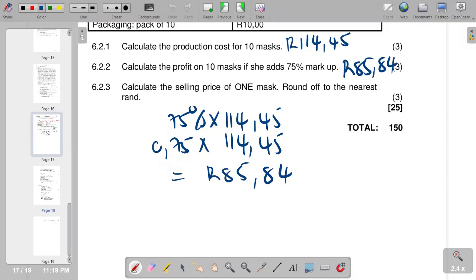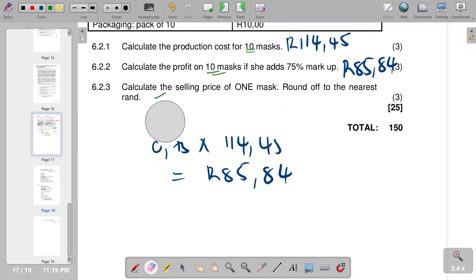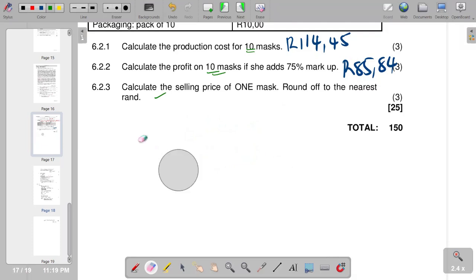On the next part, it is saying calculate the selling price of one mask, rounded off to the nearest rand. So of course, the 85 rand 84 is the profit for 10 masks, and the production cost is also the production cost for 10 masks. So we need to first find the selling price for the 10 masks, and then we reduce it to 1 mask.